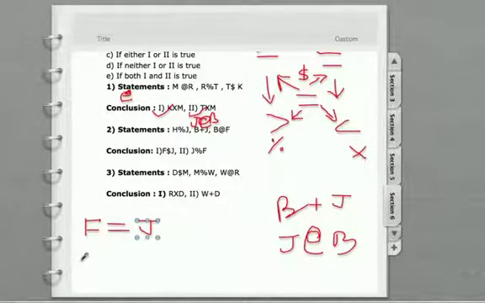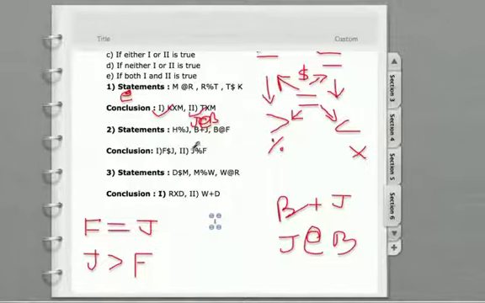It is written J percentage F. J percentage F means J percentage F. So what we see is that in both conclusions we are finding the relation between F and J only.